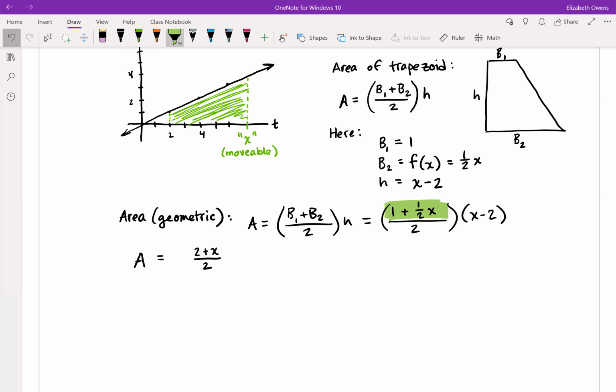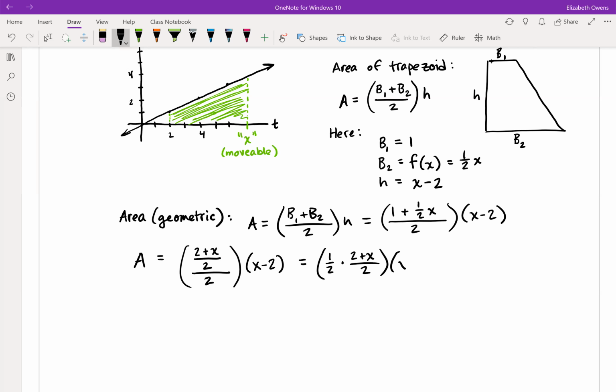So getting the common denominator brings you to this stage, and that's still being divided by 2 times x minus 2. Let's switch that up a little bit: 1/2 times (2 plus x) over 2 times x minus 2.